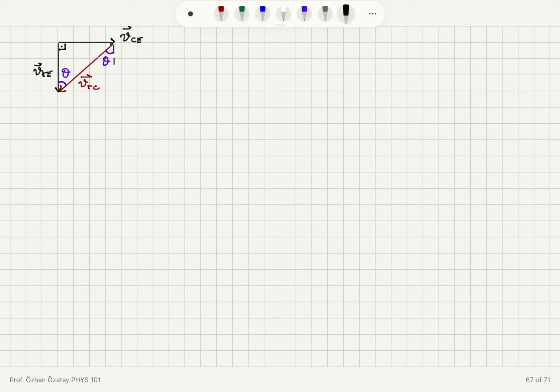Now, what is the magnitude of the velocity of the rain with respect to the car? As you can see from this diagram, it's going to be square root of VRE squared plus VCE squared, and the angle theta has a tangent that is VCE divided by VRE.